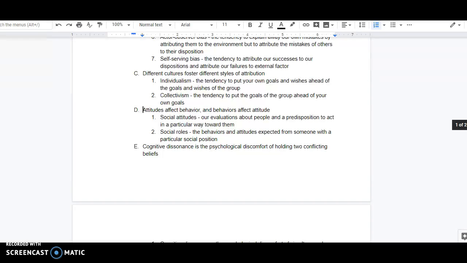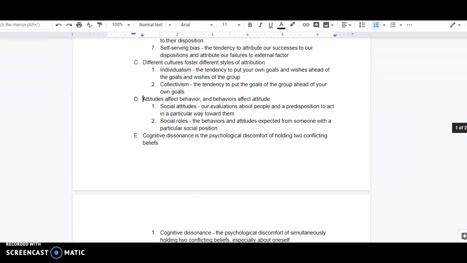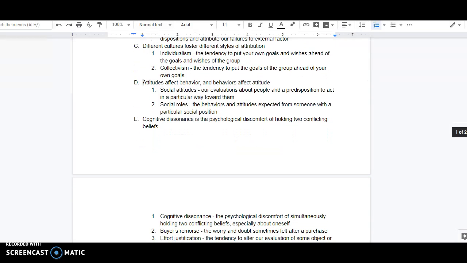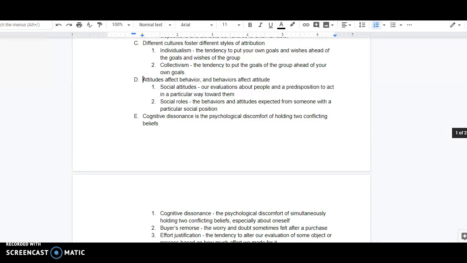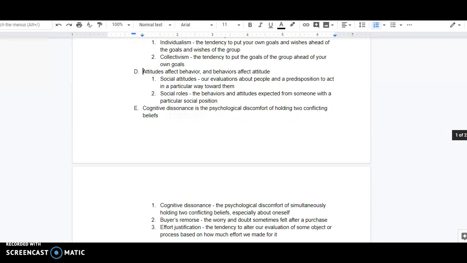So, the next topic we're going to be talking about is how attitudes affect behavior and behavior affects attitudes. This goes into social attitudes and social roles, which are the behaviors and attitudes expected from someone with a particular social position.